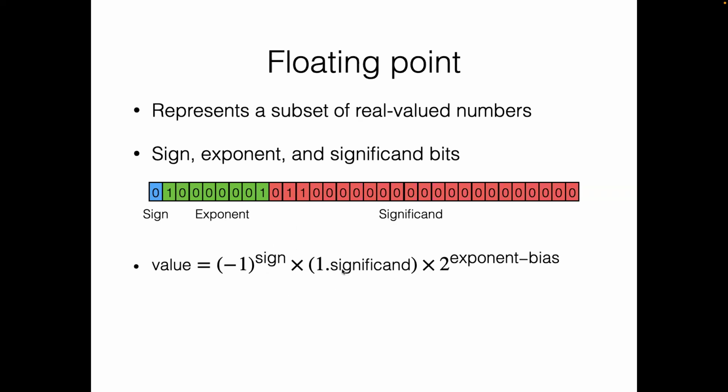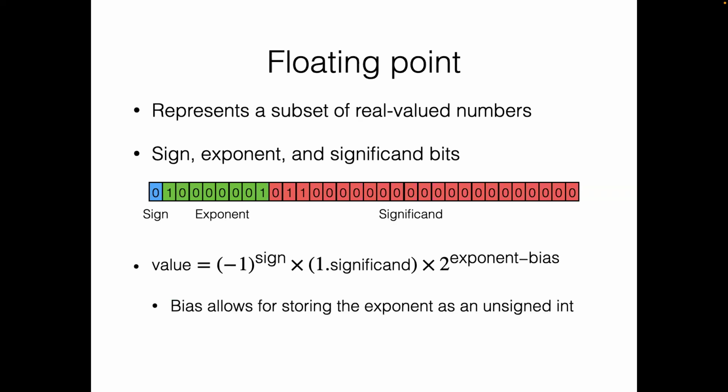And you could think of it as being like, okay, let's say you have a decimal, then the significand is helping represent what is to the right-hand side of the decimal. And then the exponent is helping scale the value. And then the sign is, of course, whether it's positive or negative.